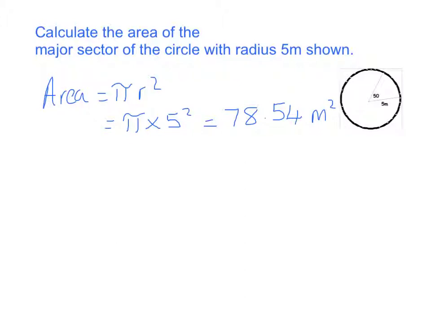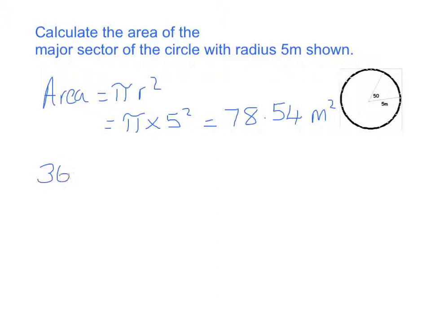And we want a part of the sector, and it's a fraction of the total area. Now it asks for the major sector, which means it's this bigger area here rather than the small part that's been cut out there. So we need to work out the angle.